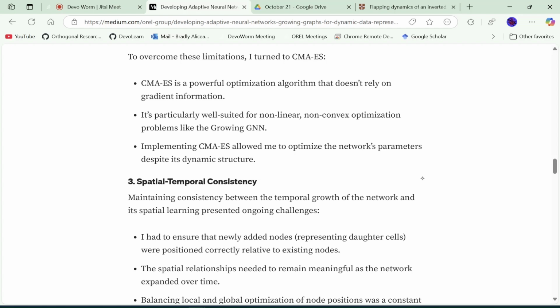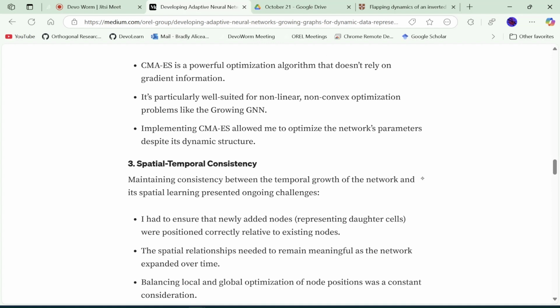So this is a non-convex, nonlinear problem, and we can use this algorithm to overcome those limitations of, say, something like backpropagation, which relies on a convex linear regime. Implementing CMAES allowed me to optimize the network's parameters despite its dynamic structure.